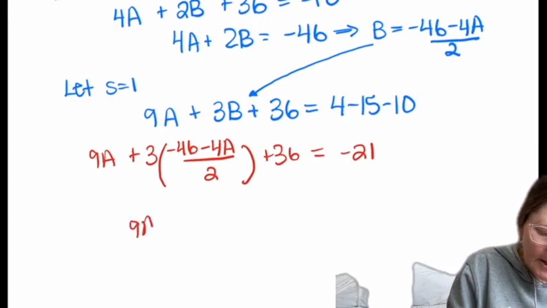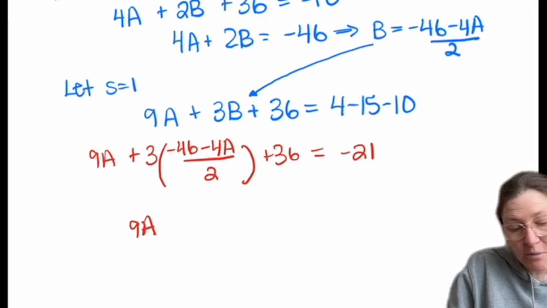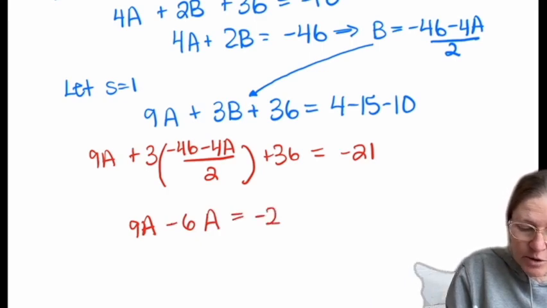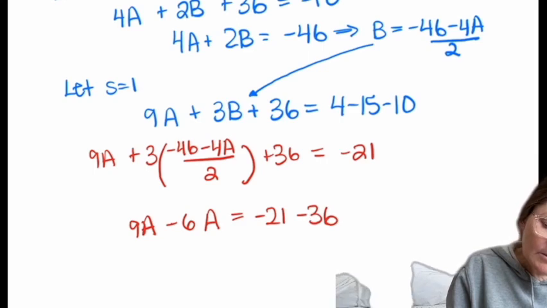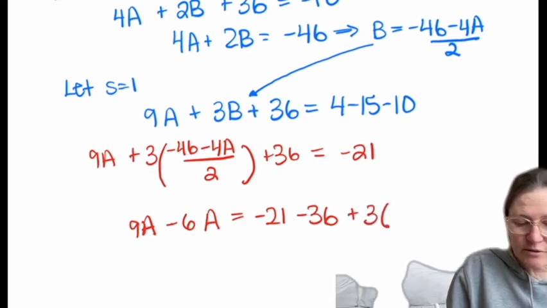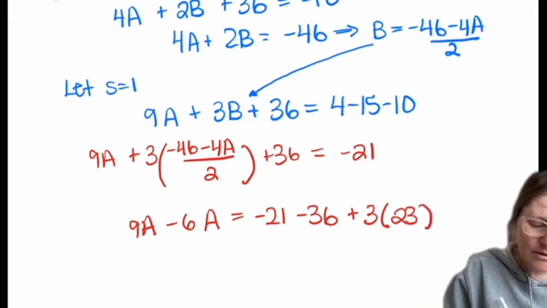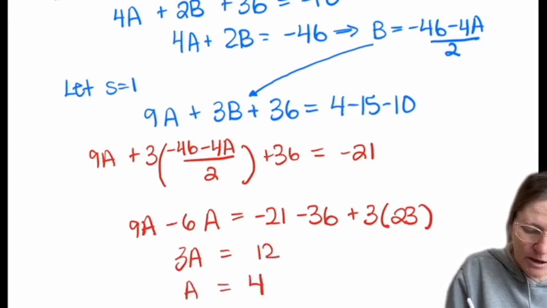So this is 9a. This will become minus 6a is equal to minus 21 minus 36, and then minus becomes a plus. 3 times 46 over 2 is 23, and so 3a is equal to 12, and a becomes 4.